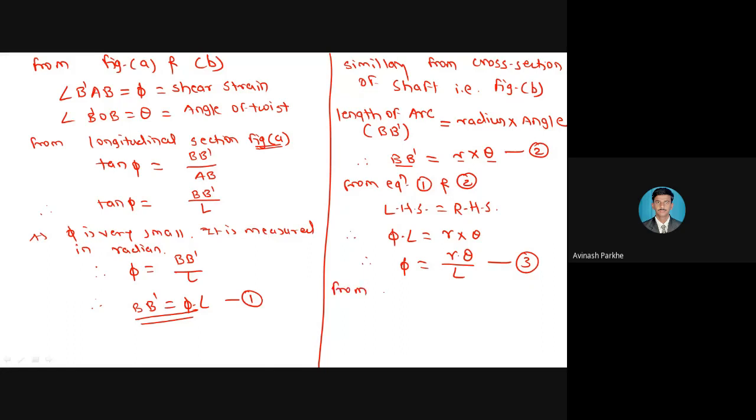Now from the definition of capital G, it is called the modulus of rigidity. What is the formula for the modulus of rigidity? Can anybody tell me? Stress upon strain. This is the common formula, but which type of stress and which type of strain?